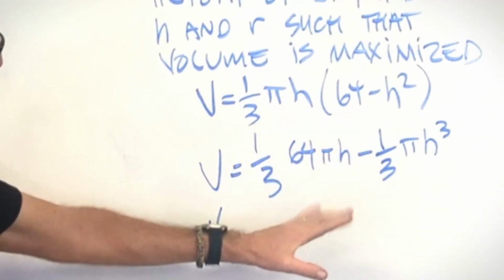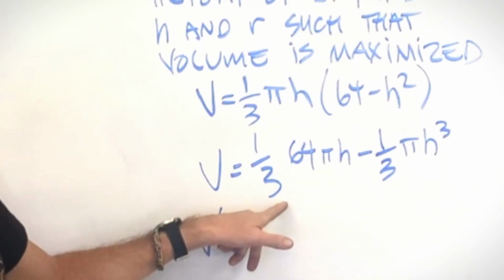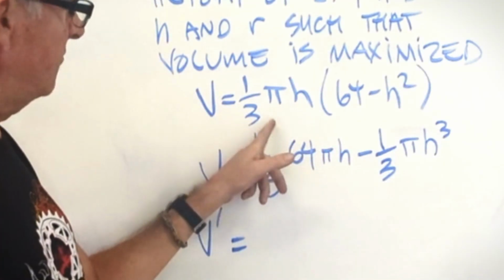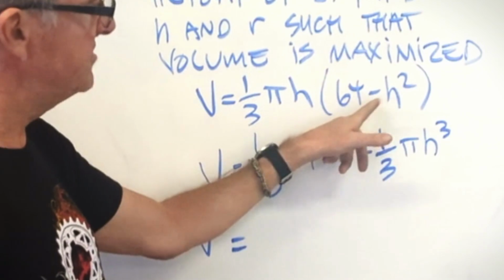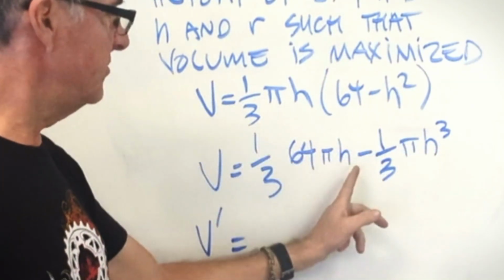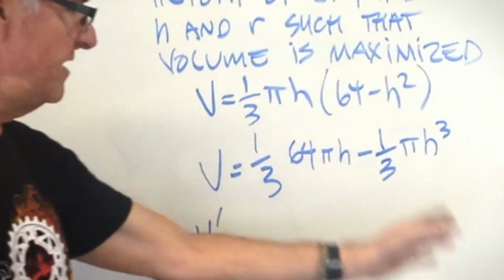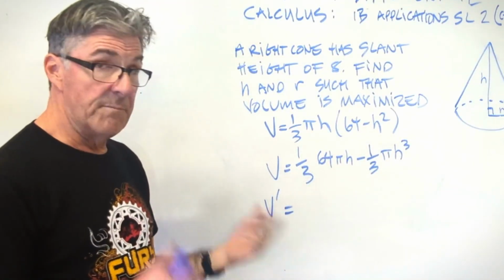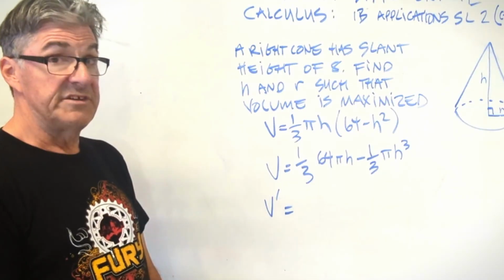I'm just leaving these all together. 64 divided by 3 doesn't come out to be a good number, so we're just going to leave it like that. And then 1/3 pi h times negative h squared just gets the h up to the third power, so we have negative 1/3 pi h cubed. Now, these two terms, yeah, they're a little jumbled up, but they are both in the right form to take a derivative.